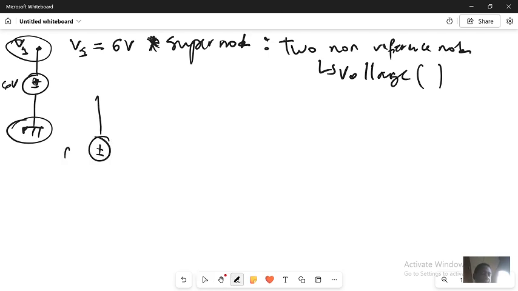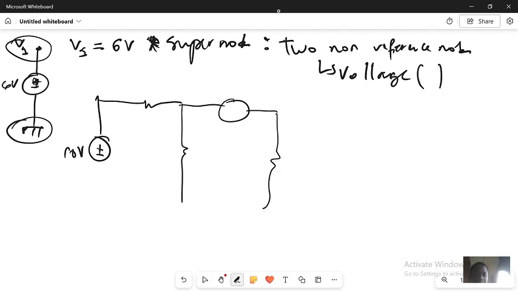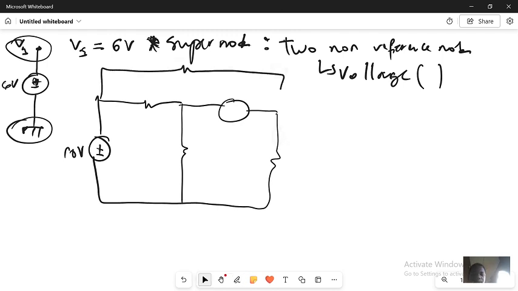I have this circuit, for example, with this source, and I have another circuit here. So I have 10 volt here, I have 2 ampere, 2 ohm, I have 4 ohm here, and I have plus 5 volt, and I have 6, I have 8.